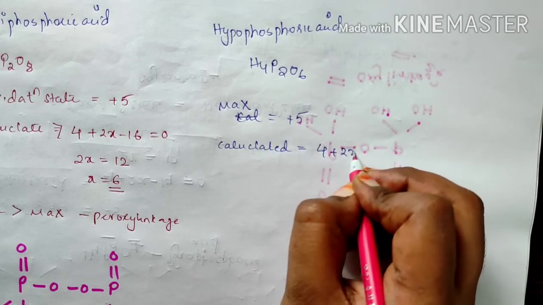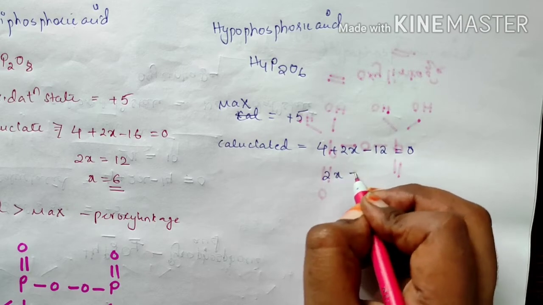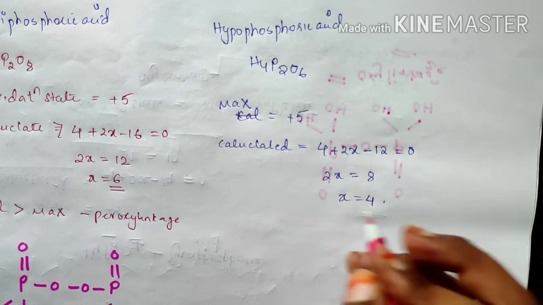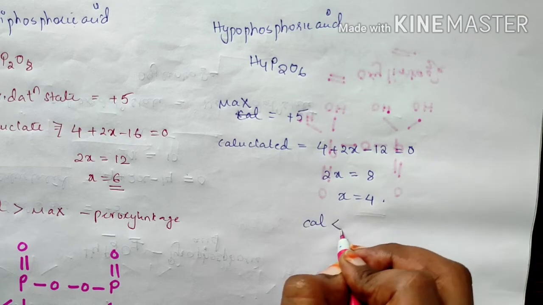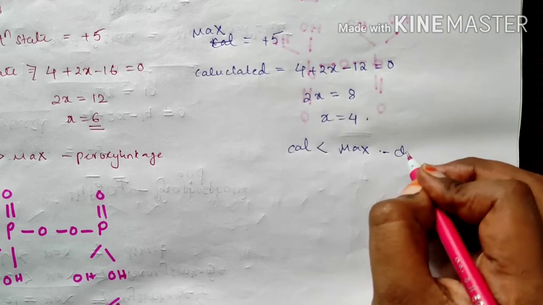4 plus 2x minus 12 is equal to 0. 2x is equal to what? 8. X is equal to 4. Here calculated is less than maximum. Then we'll have direct linkage.